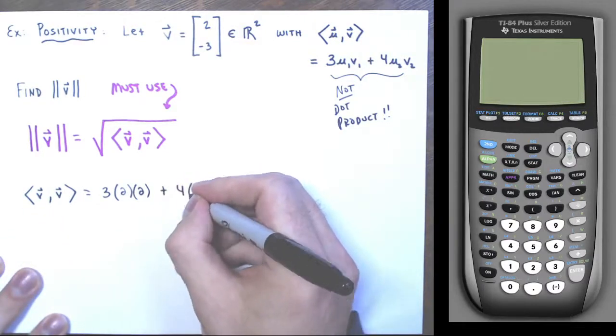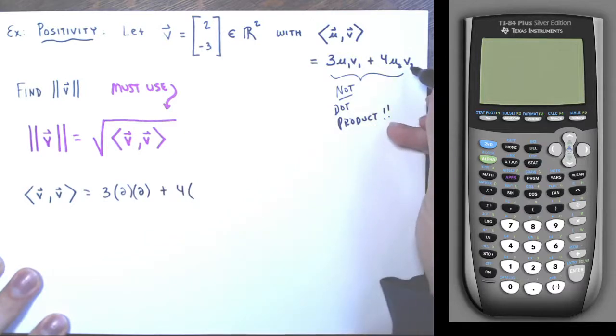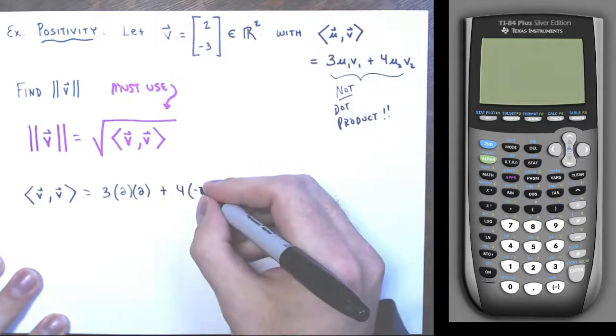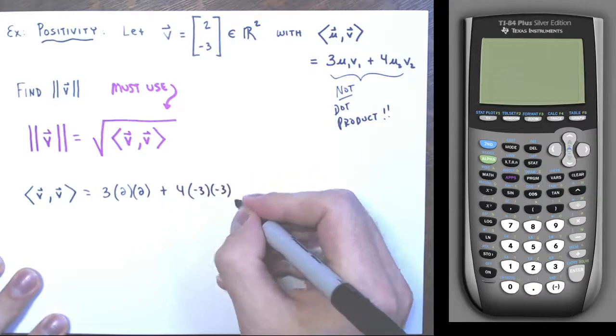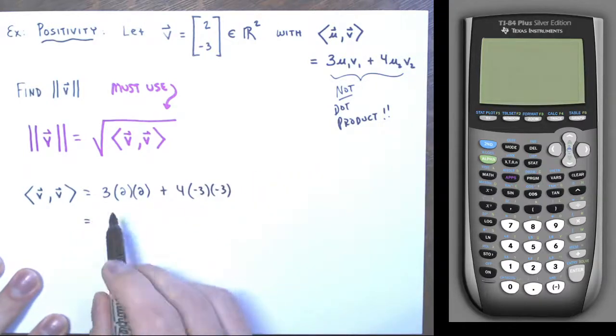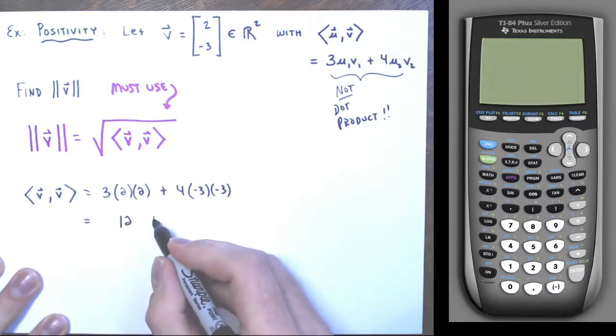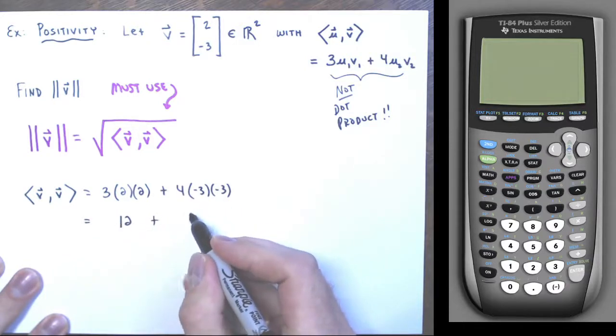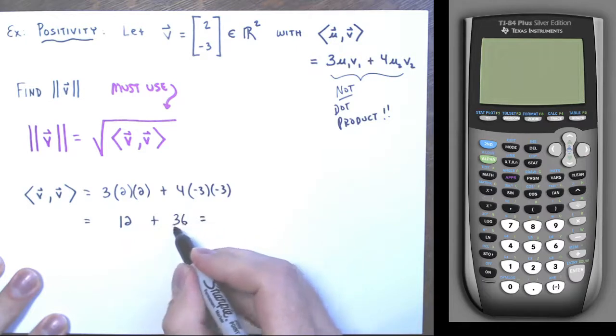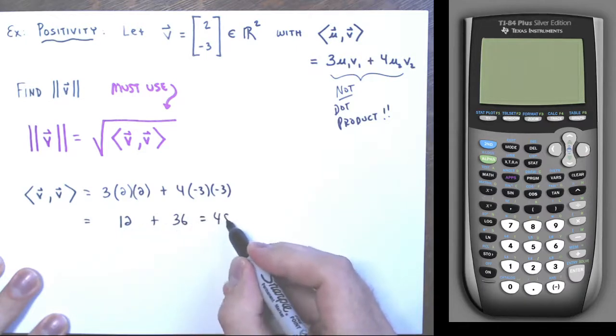Plus 4 times the product of the second components, which is negative 3 and negative 3, so negative 3 squared. So we have 3 times 2 squared, 3 times 4, that's 12, plus 4 times 9, so plus 36. This is 48.